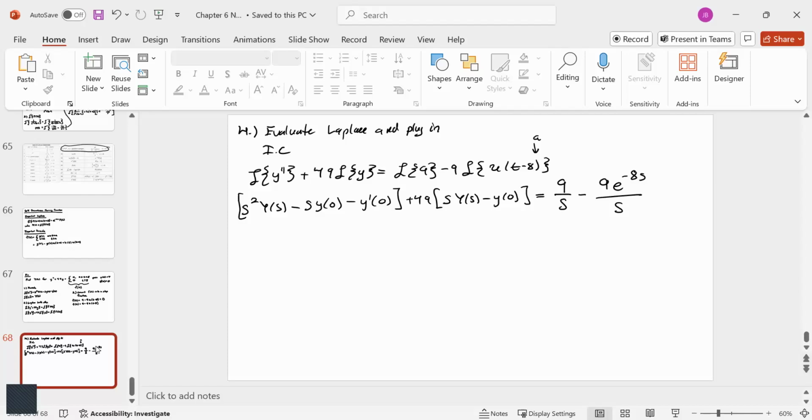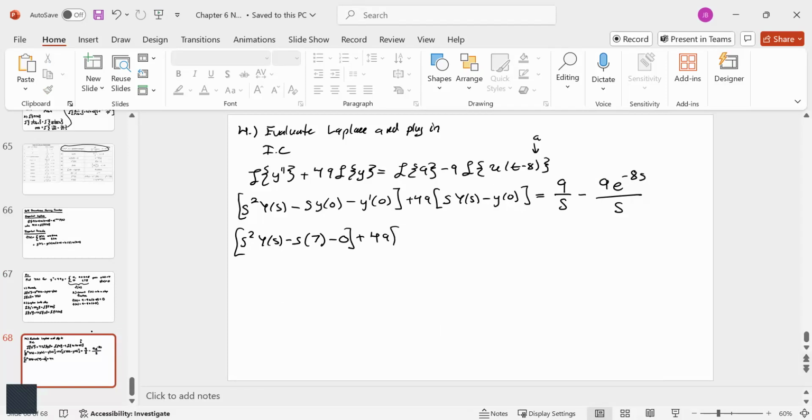That's really the big change from 6.3: the right side is a little bit more annoying to deal with, but other than that, it's the same process. So then we plug in our initial conditions. I believe that was 7 or 3. No, it was 7. And that was 0.